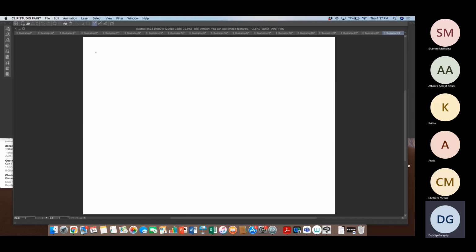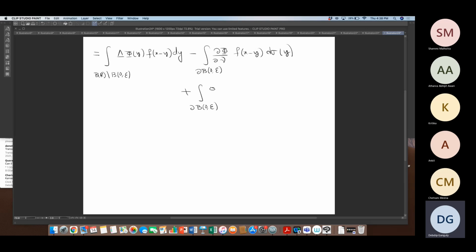So if I write this down, you will end up with this. Let me write that this is equal to the integral over B_R minus B_0 epsilon of Laplacian phi of y f of x minus y dy, minus the integral over del B_0 epsilon of del phi by del nu f of x minus y d sigma y, plus the integral over del B_0 epsilon of phi y del f by del nu x minus y.